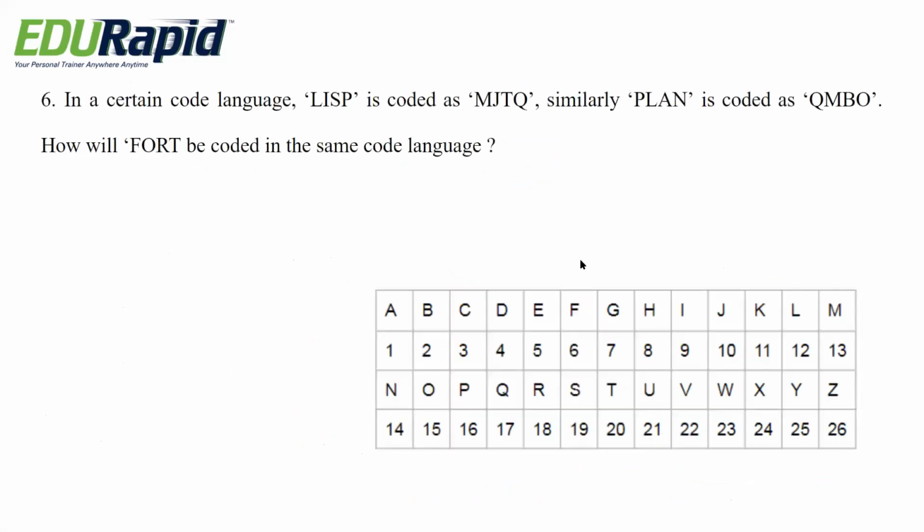Next question. In a certain code language, LISP is coded as MJTQ. Similarly, PLAN is coded as QMBO. How will FORT be coded in the same code language? Options are ENSQ, GPUS, ENQS, GPSU, none of this.